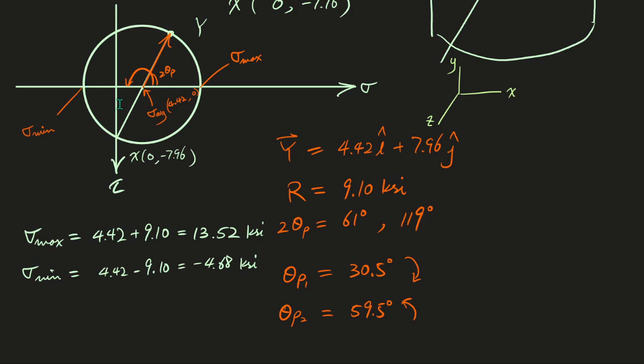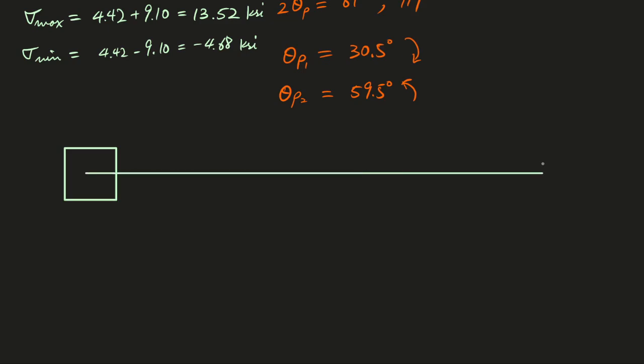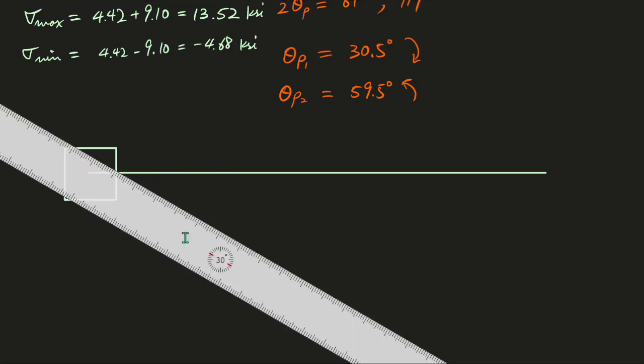Okay, now I think we have all the information to draw the rotated state, or the principal plane states. What I'm going to start with is 0 degrees orientation. Draw my datum line so I can reference off of. Next, take out a ruler, if you even bother to use a ruler. Theta p1, I'm just going to draw that one state because the other just had the xy coordinates flipped.